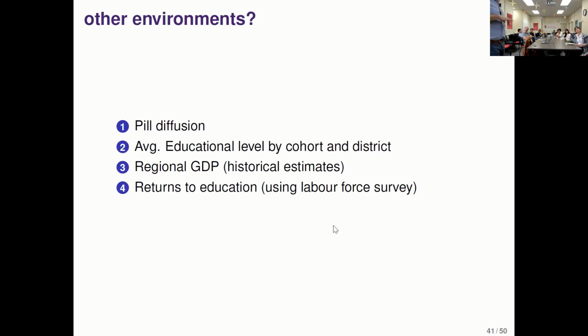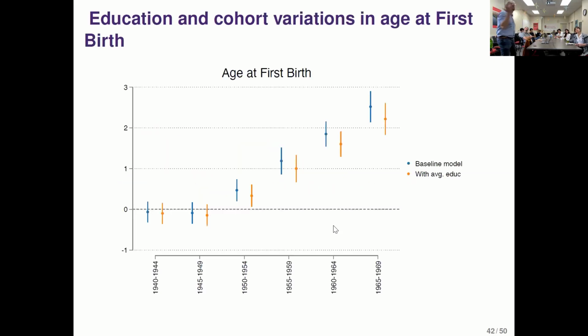We also estimated from the labor force survey the returns to education, and are trying to see if this is linked with fertility. And for example with the average education, it doesn't seem to explain as much as we did with the pill.